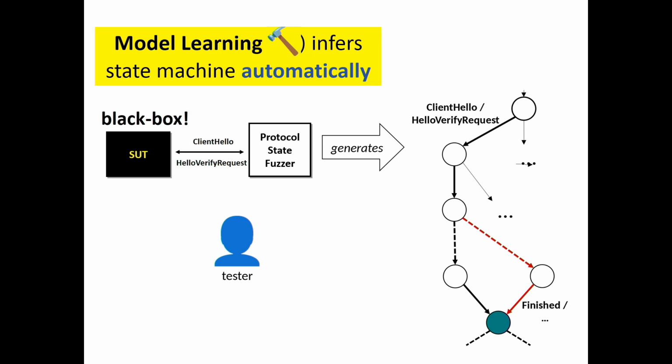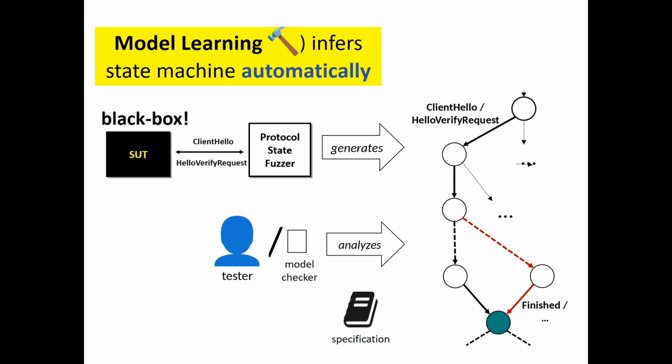Then a tester can use his or her eyes, or use a model checker or something like that, to analyze this state machine, of course with respect to the specification of the protocol, and hopefully find some bugs or say that everything is correct.